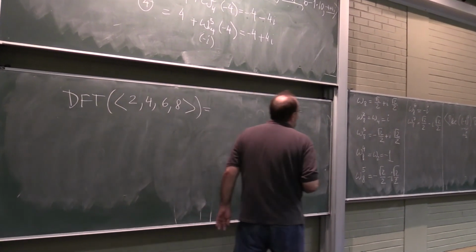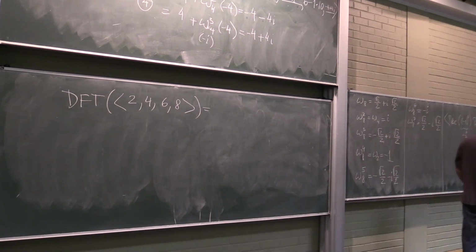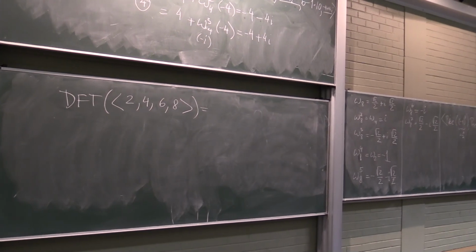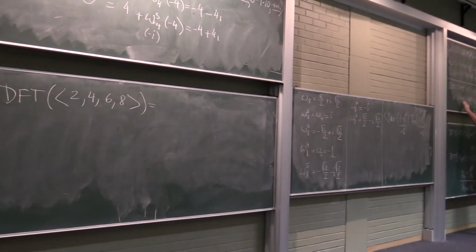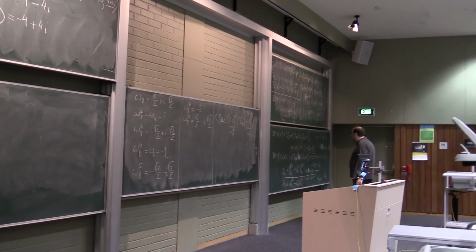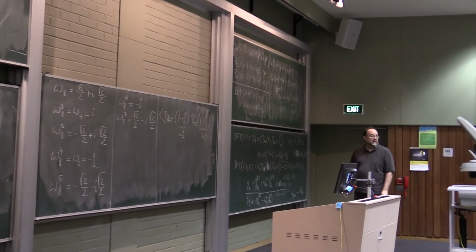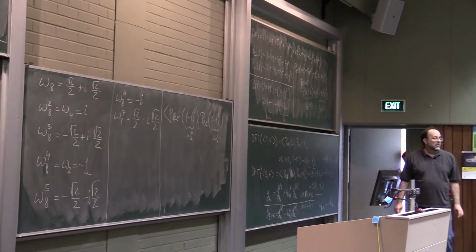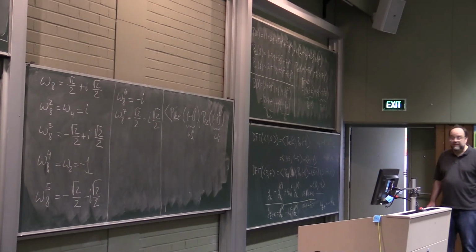What are the values? The values are where? I think they are hiding here behind. So this is the odd one. So this, and where did I compute them? Yes? So you say it again?